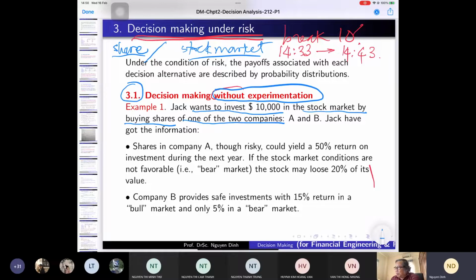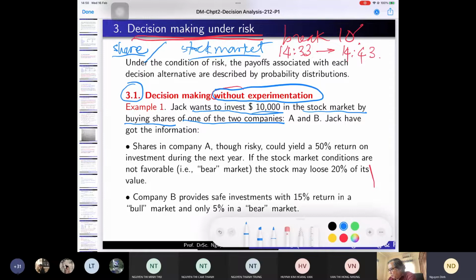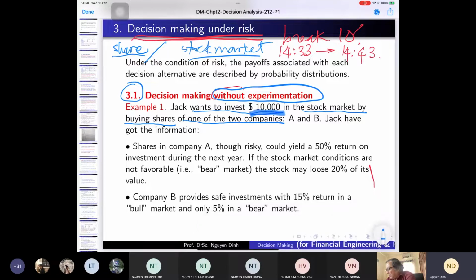So he wants to invest. He has $10,000 and wants to invest in the stock market by buying shares of some company.